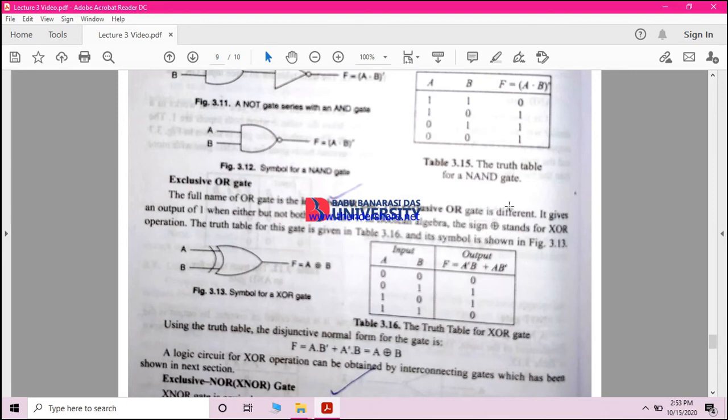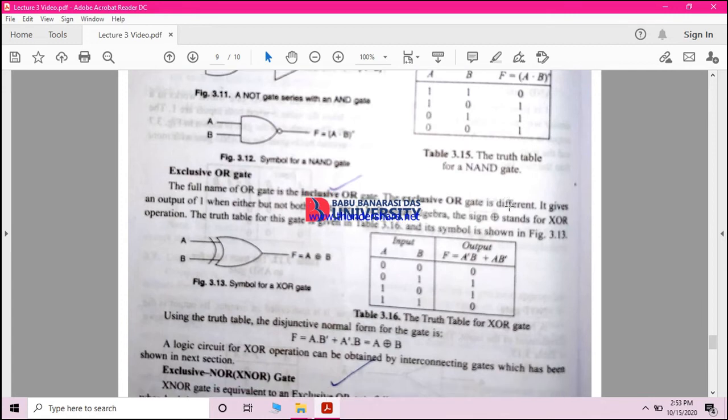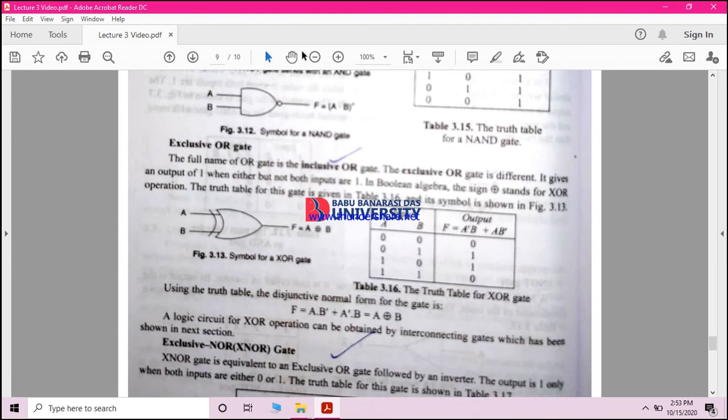The truth table for the given gate is the following. So simply, when both the inputs are 0, you will get a 0. When both the inputs are 1, you will get a 0. When only one input is true, only then you will get a true value. Okay, so this is the symbol. This is how it is represented.